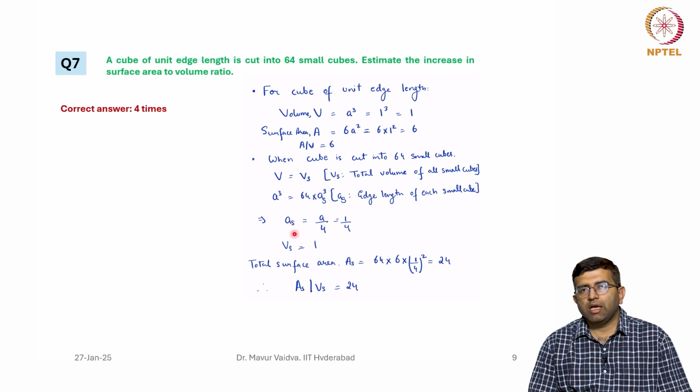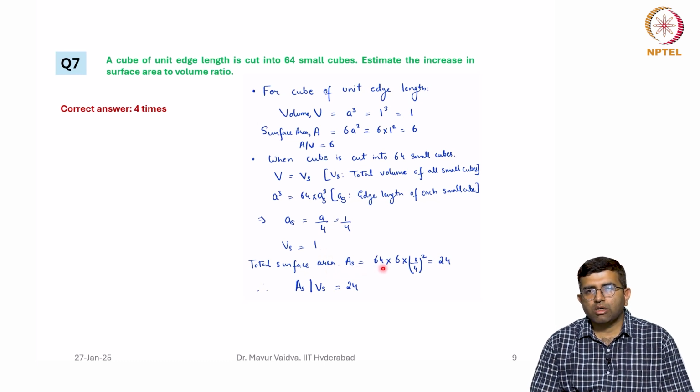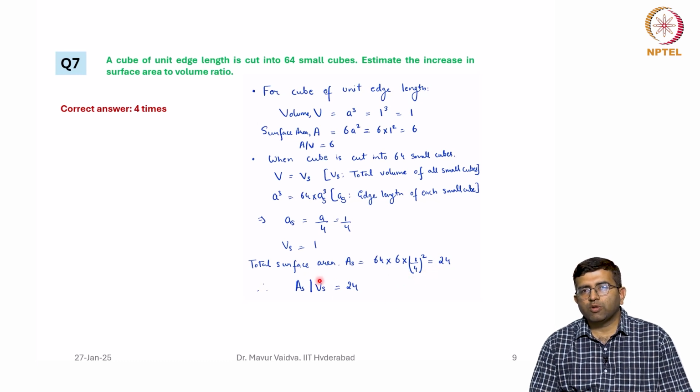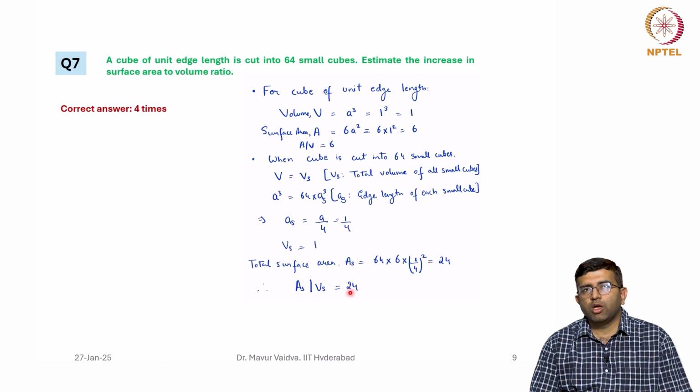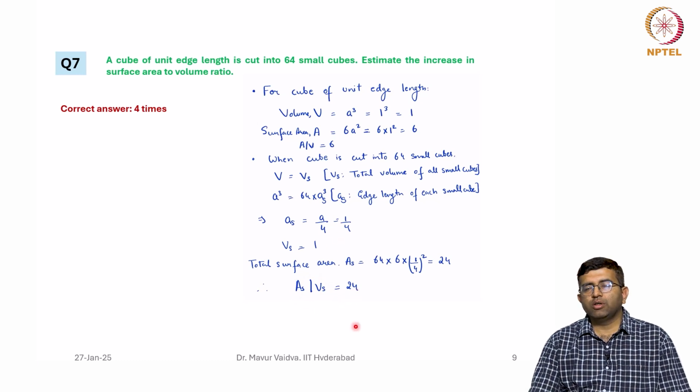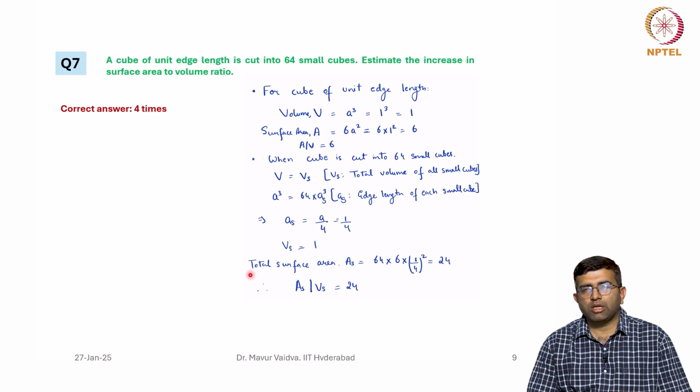So, you can see As is equal to 1 by 4, and we know that Vs, the total volume of all small cubes, is equal to 1. Therefore, the total surface area is 64 into 6 into As square, which turns out to be 24. So, now the surface area to volume ratio is equal to 24, which is 4 times the previous, when there was only one cube of unit edge length.